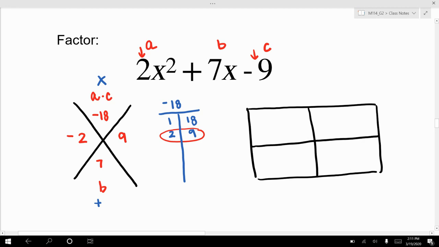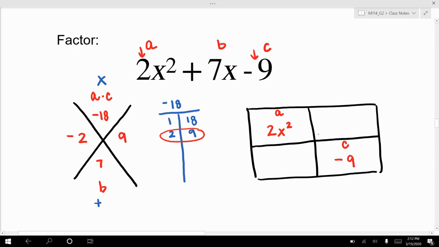In the box, on the top left-hand square, we're going to put the entire A term, which is 2x squared. Okay? And in the bottom right-hand corner, we're going to place the C term, which is right here, negative 9.